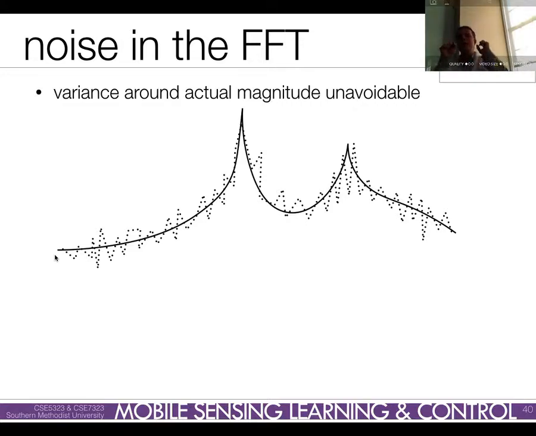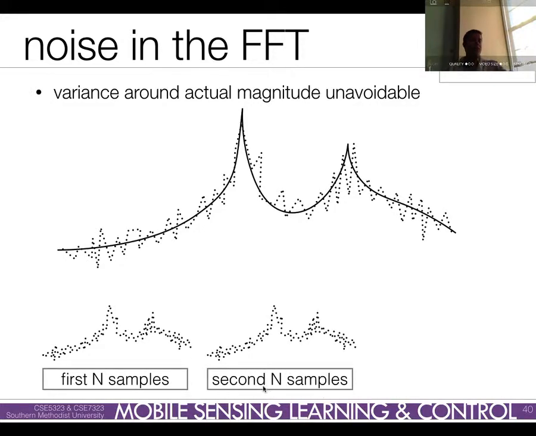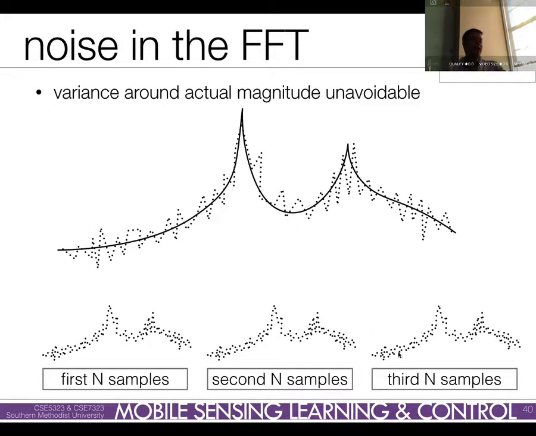So if you have a signal that's a sine wave, and you take an FFT of it, and then you take another FFT of it a little bit later in time, you can chunk this up into blocks. You take the first n samples and you take an FFT, and it's noisy. Then you let the signal play a little while longer, so you take the second n samples and take another FFT. You take the third n samples and take another FFT. What am I going to do with those? Combine them.